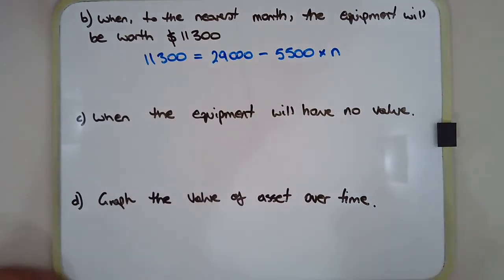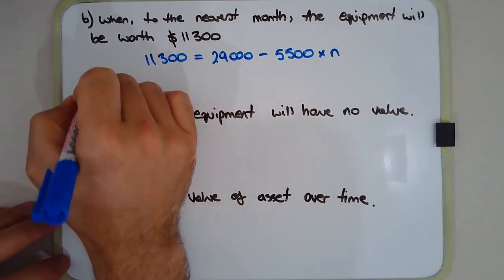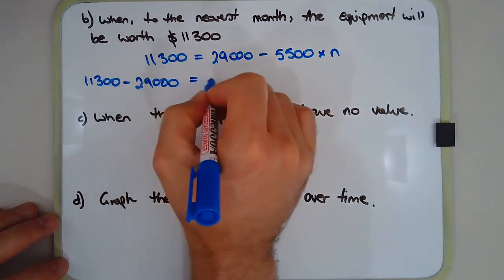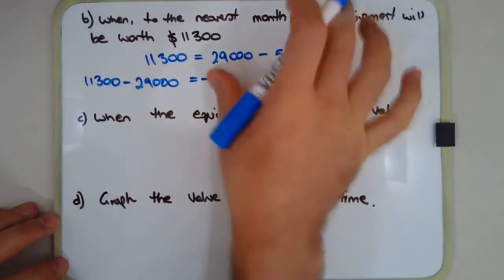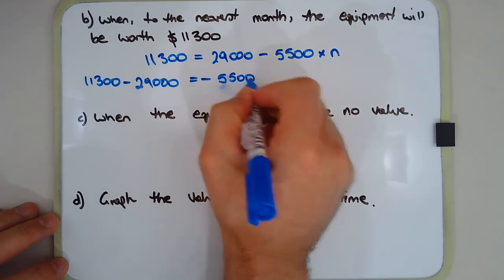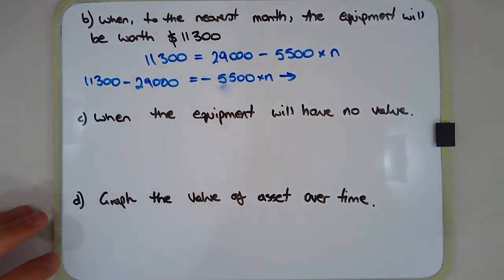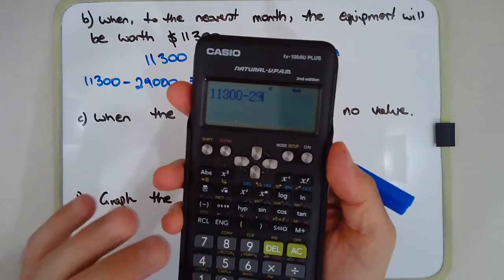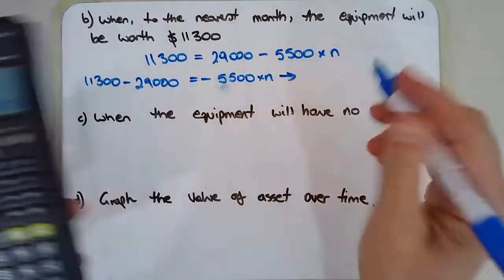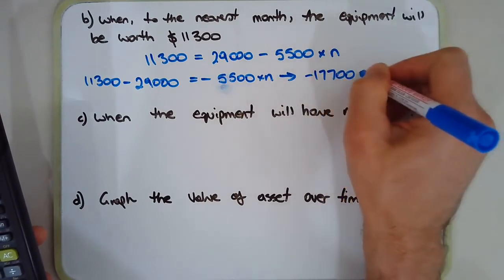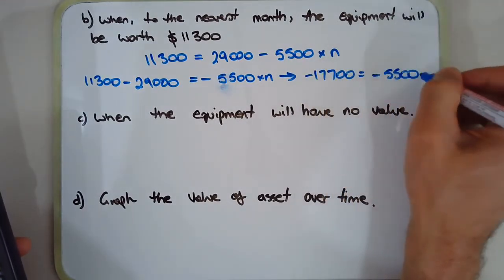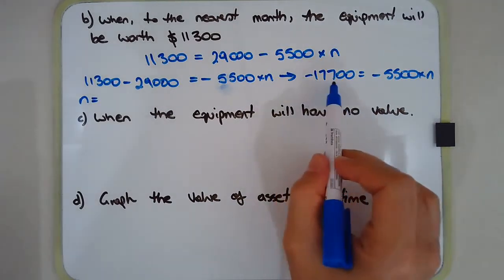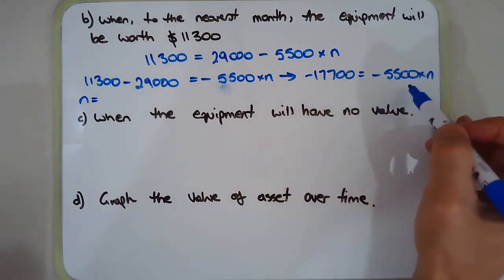Moving the $29,000 over: 11,300 minus 29,000 is equal to negative 5,500 N. 11,300 minus 29,000 gives negative 17,700, which is equal to negative 5,500 times N. So N is equal to negative 17,700 divided by negative 5,500.